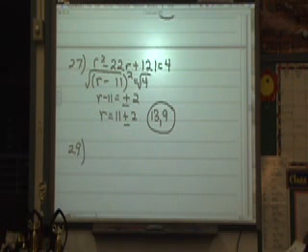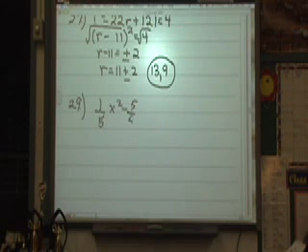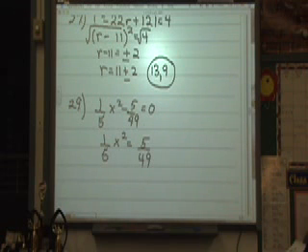Number 29. You have 1/5 x squared minus 5/49 equals 0. Isolate x squared. So we have 1/5 x squared equals, add 5/49 to both sides, 5/49.